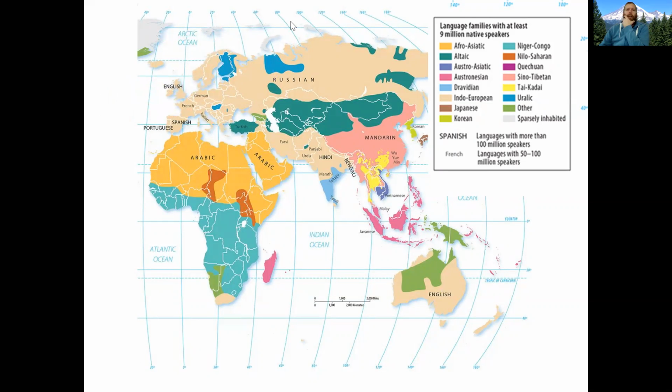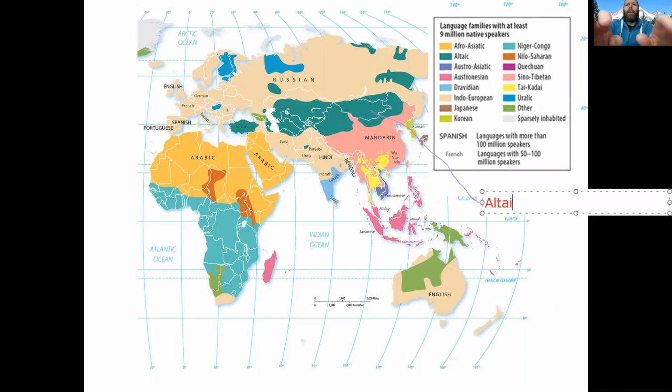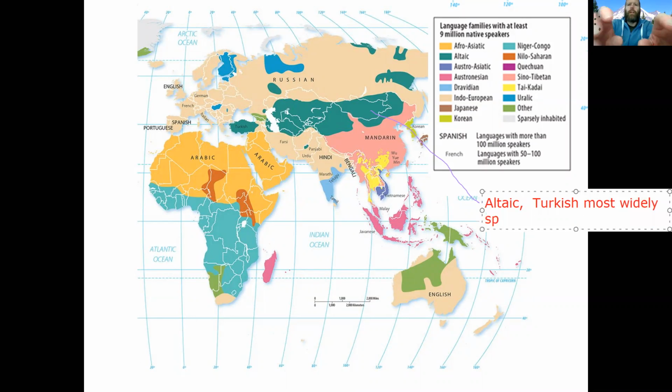The next one I want to look at real quickly is this one called Altaic. Turkish is the most widely spoken, and it's the language family of Central Asia.